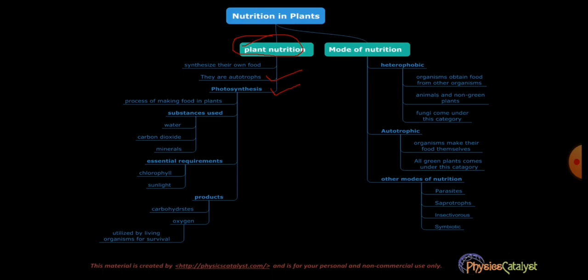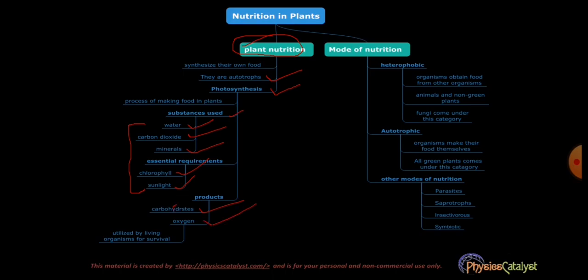In the process of making food in plants, the substances used are water, carbon dioxide and minerals. The essential requirements are chlorophyll and sunlight. These are the raw materials, or reactants, in photosynthesis, and the products are carbohydrates and oxygen.